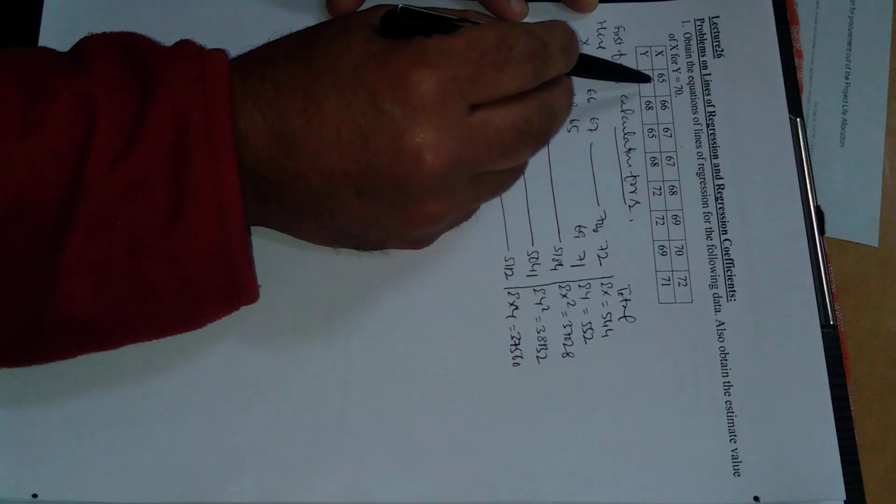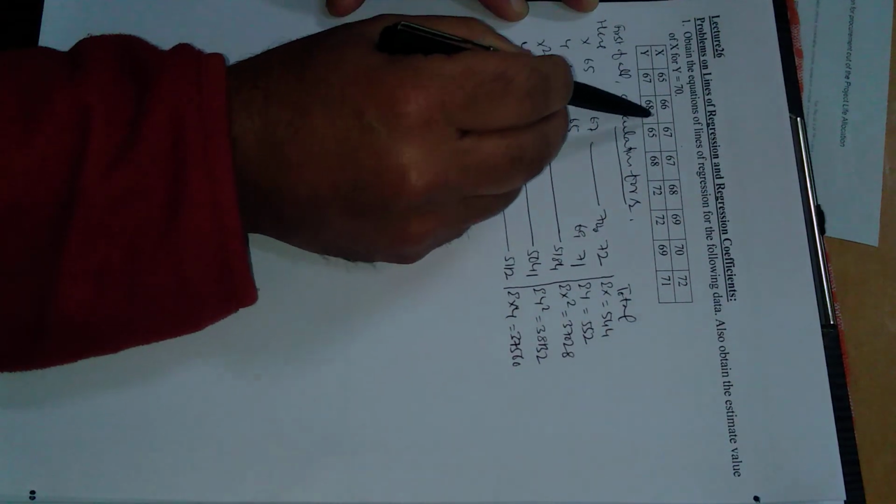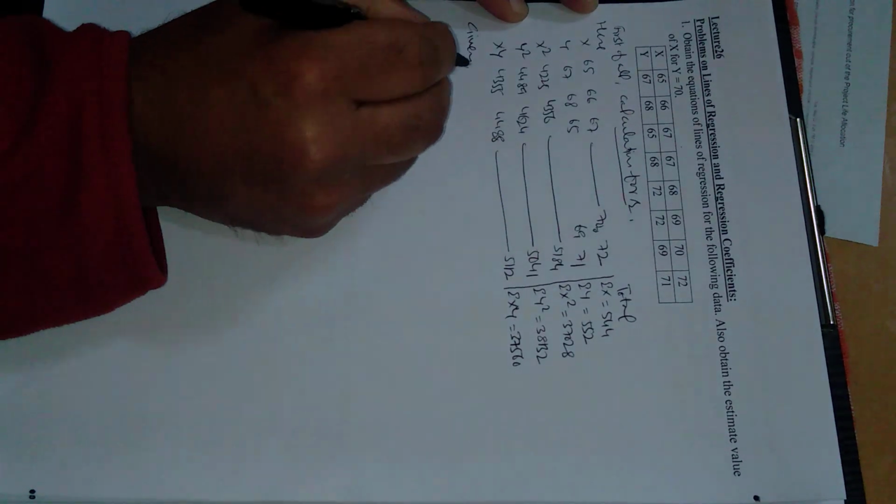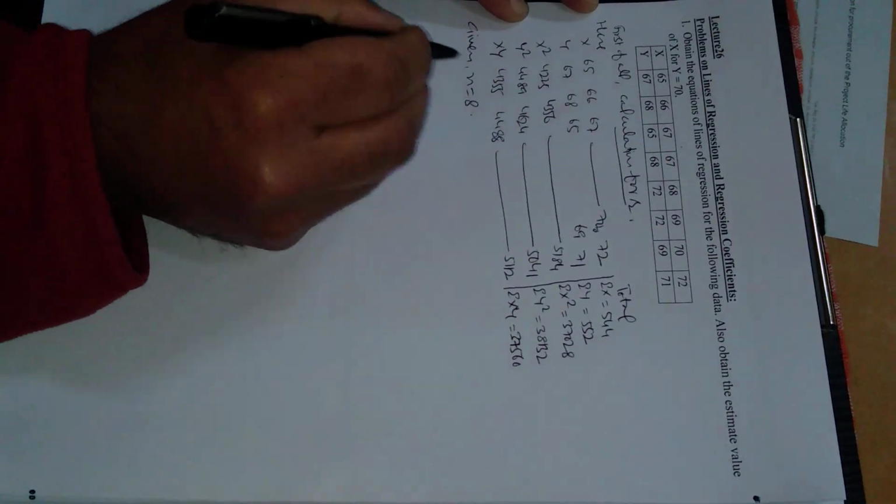Also given n, how many numbers are these? These are 8. 1 2 3 4 5 6 7 8. Given n is equal to 8.